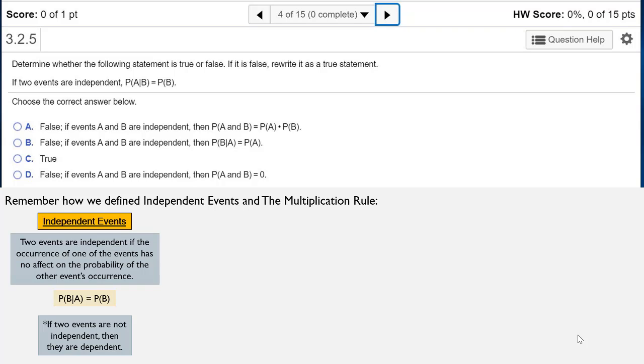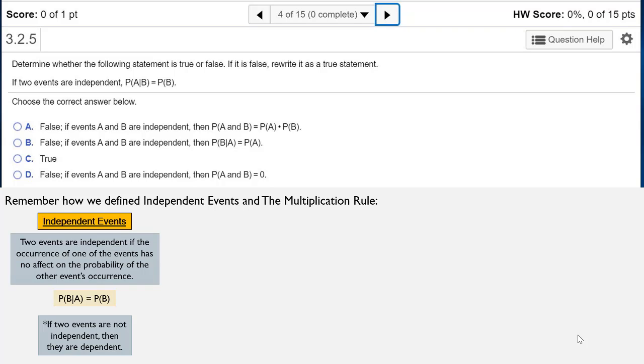But it's not the right answer, because on the other side it's wrong now. So it should be probability of B given A equals the probability of B, but in option B it tells us it's equal to the probability of A. So that means B is false. It's out. So the only remaining options are A and D.